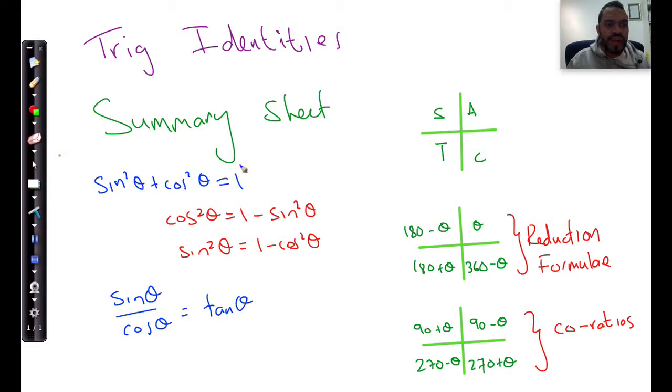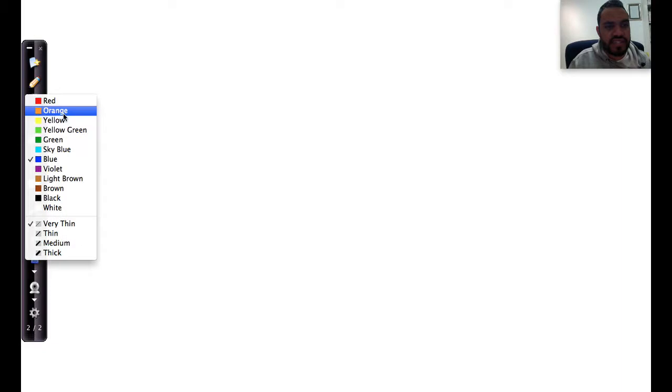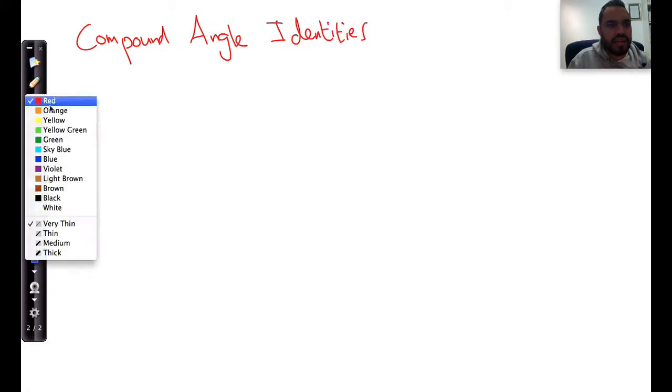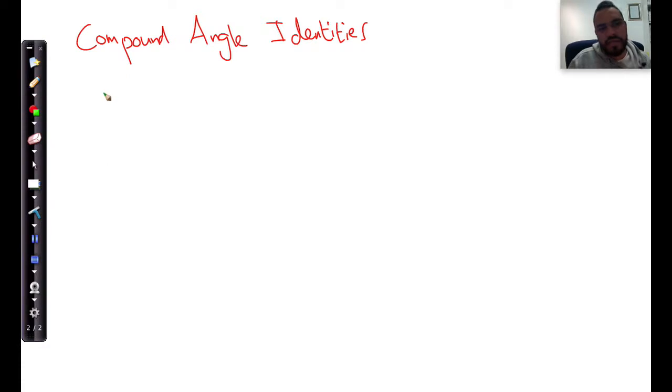And then when you add the grade 12 identities, you have the compound angle identities and double angle identities. So I'm going to list the compound angle identities first, and remember this is all on the summary sheet. Compound angle identities, we have, for example, let's start with cos.